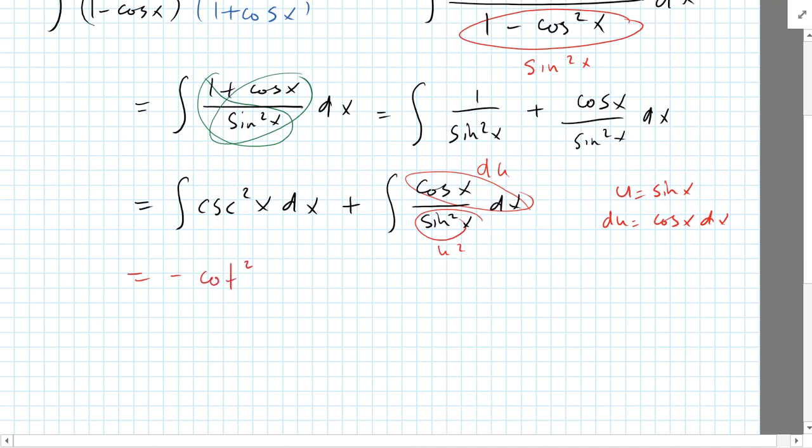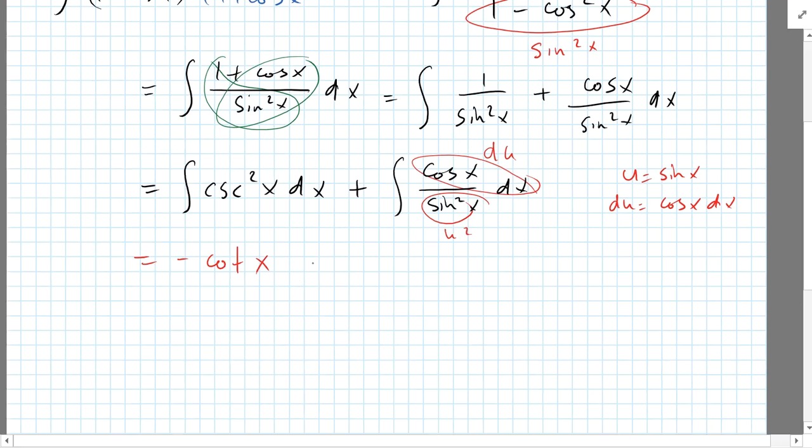Oops, not squared. It's cotangent x. So the integral of cosecant squared x is negative cotangent x. For the other one, this whole thing is going to become plus the integral of 1 over u squared du. Well, we can rewrite 1 over u squared as u to the negative 2, right?